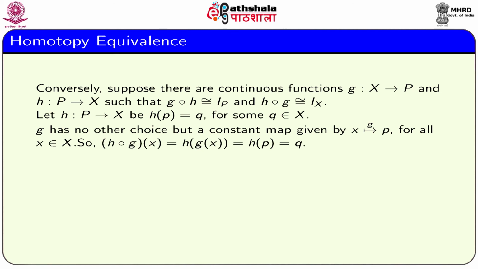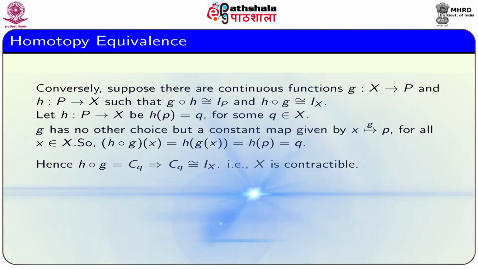And therefore, the composition h composed g will take all the points of capital X to the point Q of X. It's a constant function C_Q, and by the given condition h composed g is homotopic to the identity, so C_Q becomes homotopic to the identity. So by the definition of contractibility, X is contractible.